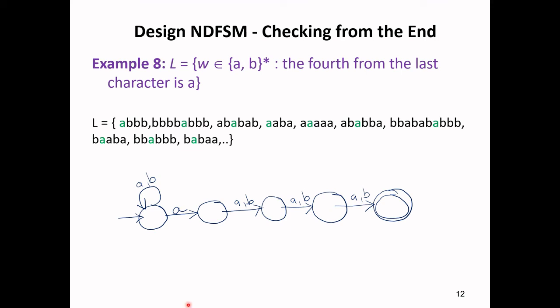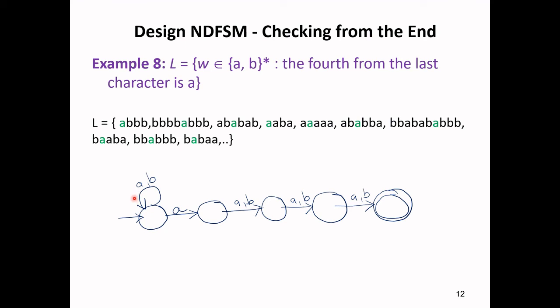So see here, from the right, this is the first one. It can be A or B. Second can be A or B. Third can be A or B. Fourth must be A only. And after that, fifth, sixth and so on can be any number of A's or B's.